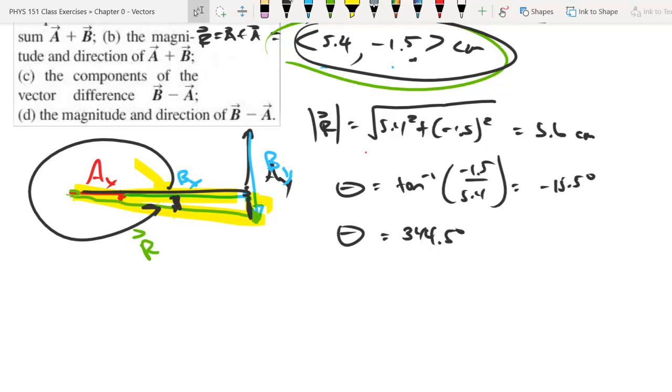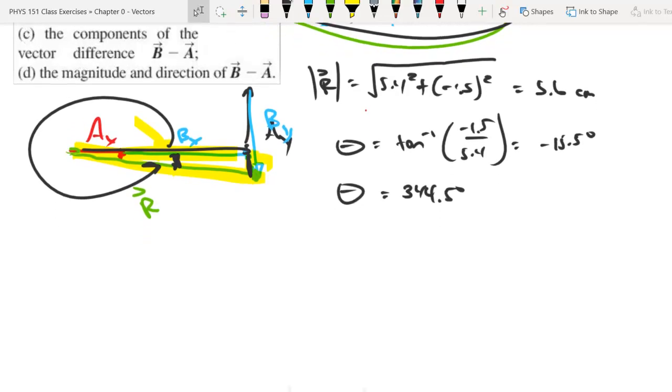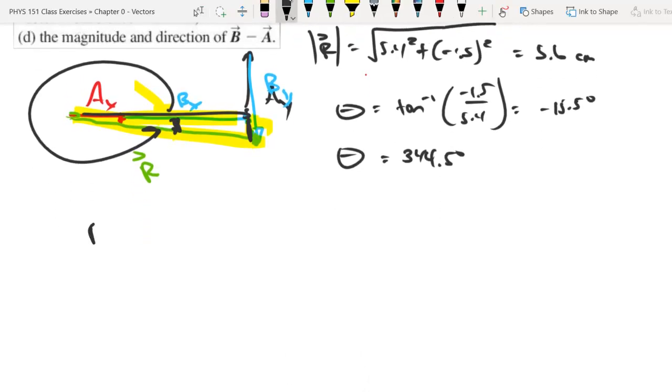Okay. So we can say that vector r, this resultant vector, is equal to 5.6 centimeters at negative 15.5 degrees, which is standard position but in the clockwise direction.